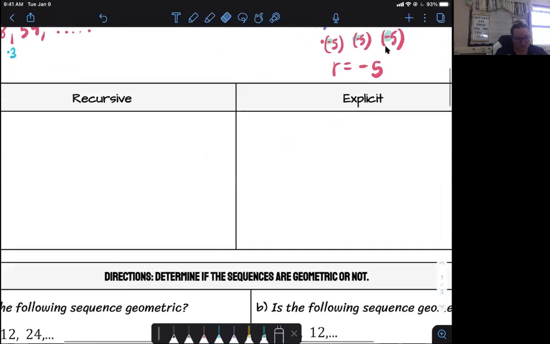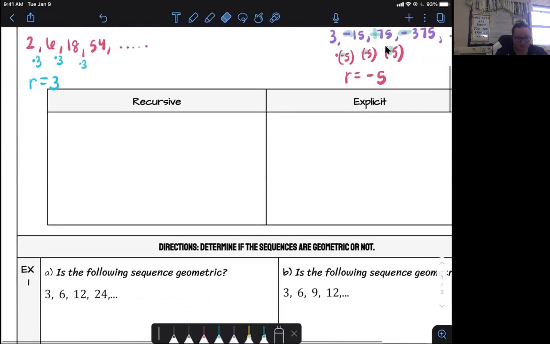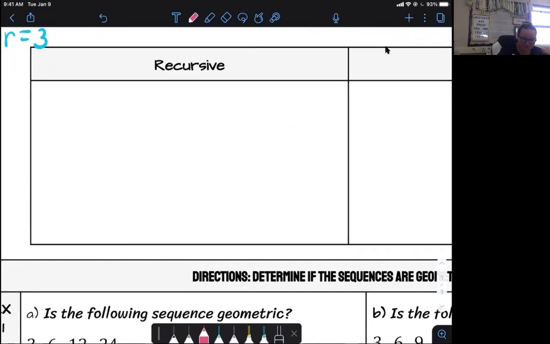All right. So a recursive formula. Remember, we use our recursive formula when we know the previous term. So that's the same as our arithmetic sequences. If you know the previous term, use the recursive formula.